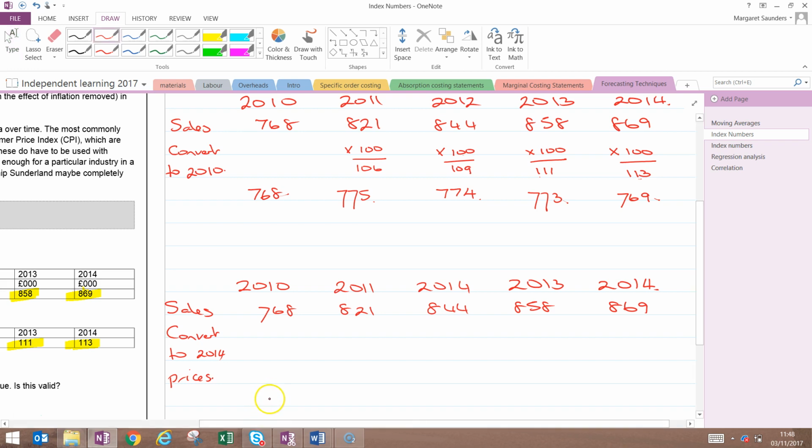So if we want to convert 2010 figures to 2014, multiply by the index for 2014, divide by the index for 2010. For 2011, multiply by the index for 2014, divide by the index for 2011.